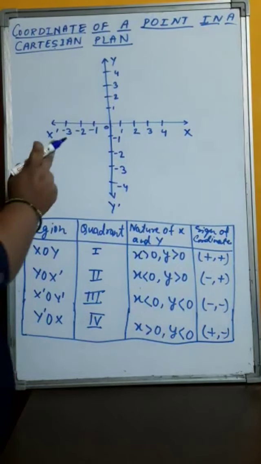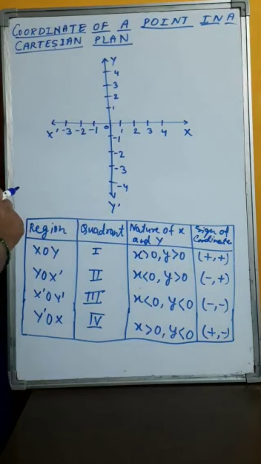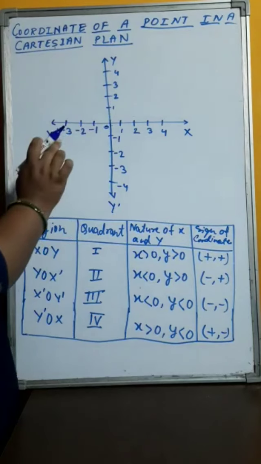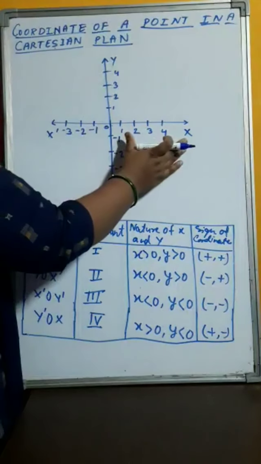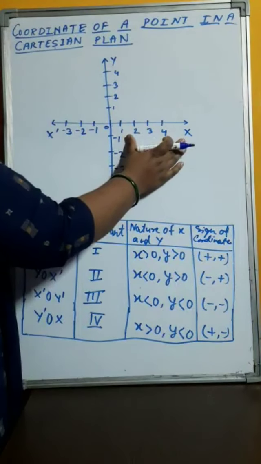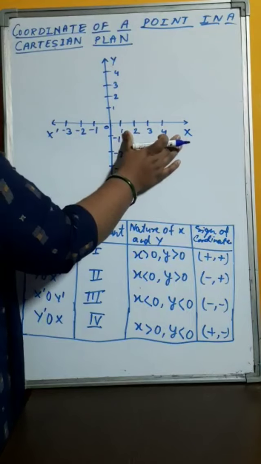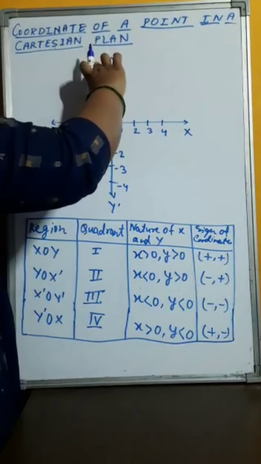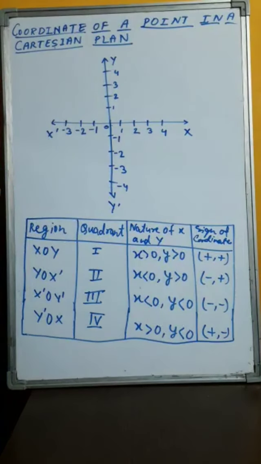See students, here I have made two mutually perpendicular lines, the x-axis and y-axis, and here I have located numbers. On the right hand side of the x-axis we have located positive numbers, and on this side negative numbers. In the same way on the y-axis, this side positive numbers, this side negative numbers.